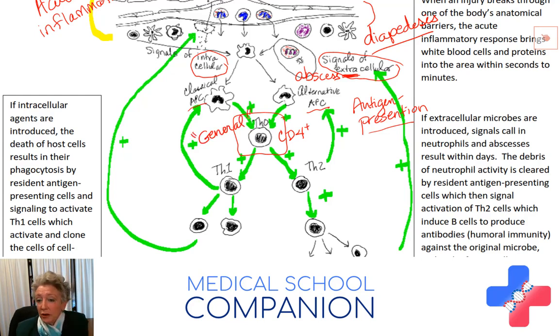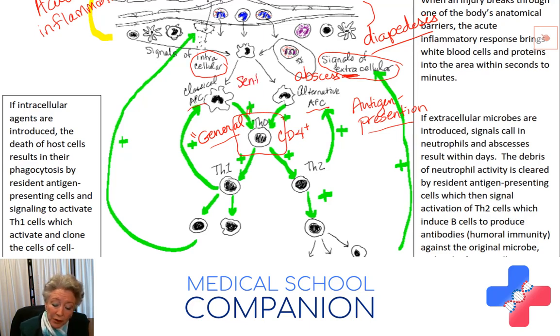The general being the individual who is going to deliver the orders to the soldiers and the sailors and the Air Force crews that are going to carry out the actual destruction of the pathogen. So think of the general as receiving his initial signals as to what is going on by the sentinel cells at the area of the injury who have recognized whether it is an internal or an external invasion. Okay?